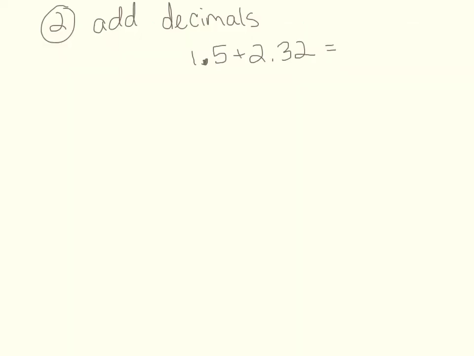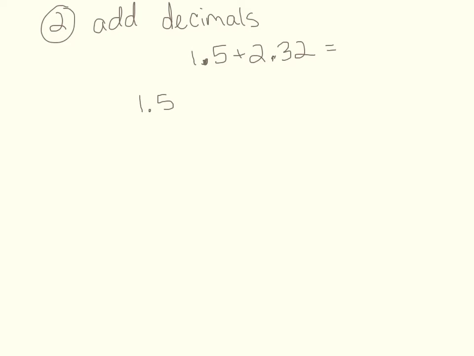The next thing I want to remind you how to do is how we add and subtract decimals. Remember, when you're adding and subtracting decimals, it's like dealing with money, and we must line them up. We've got to line the decimals and every place value up perfectly. So if I had 1.5 plus 2.32, I would put 1.5 on top.